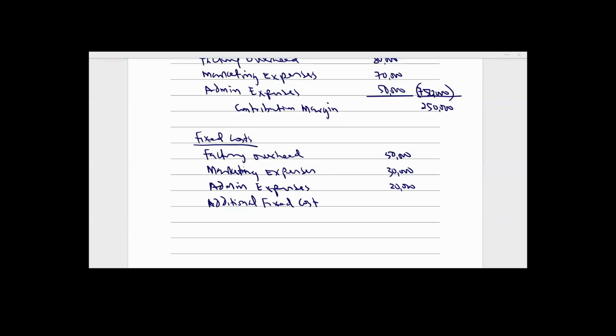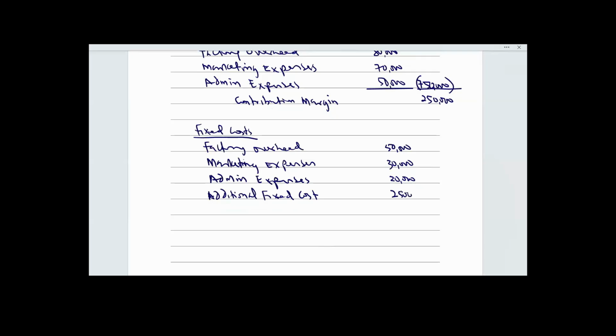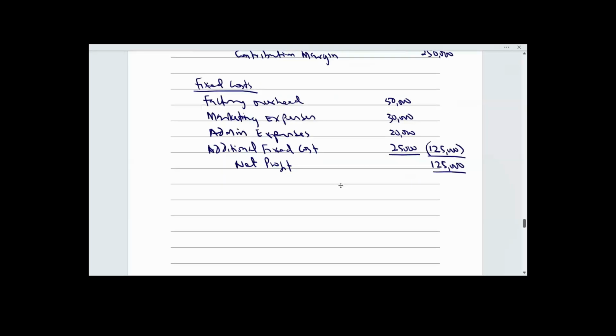All right. So 25,000. Add it up. That's 125,000. Minus 250,000. That will give us a revised profit of 125,000 naira. That's one.